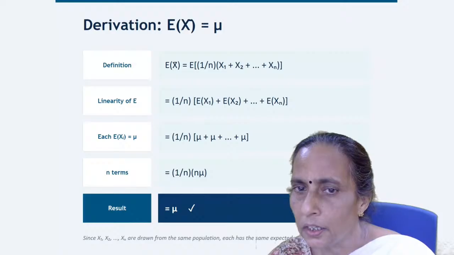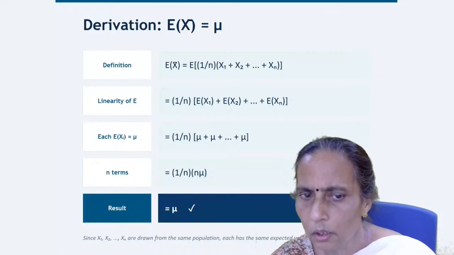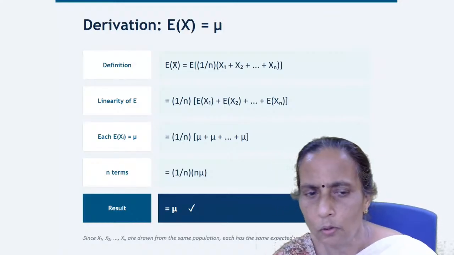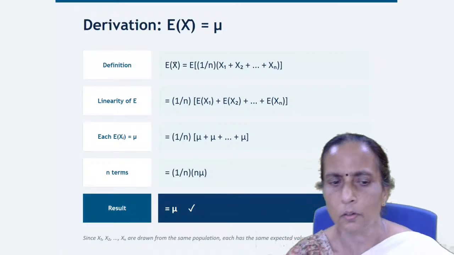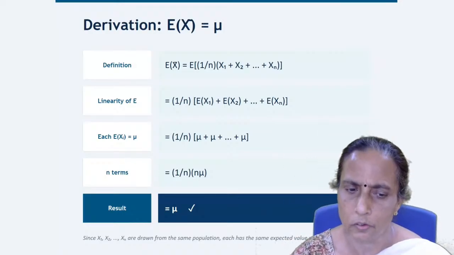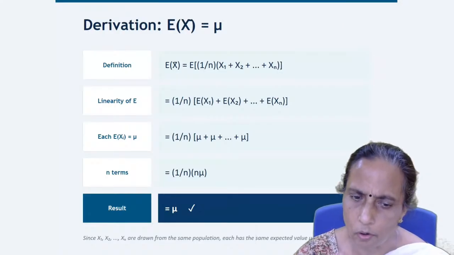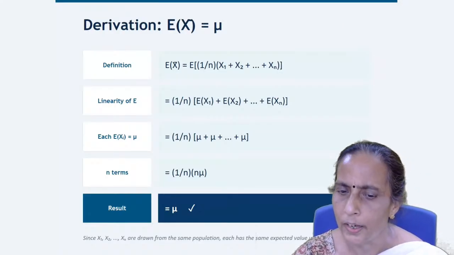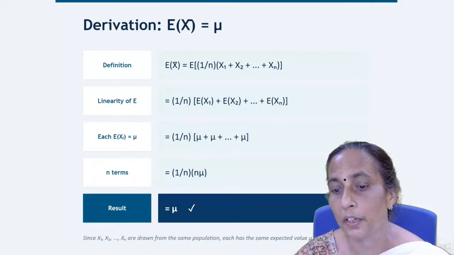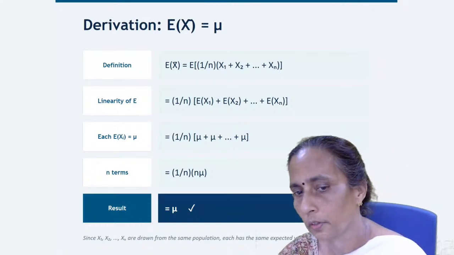Each expectation of xi is equal to mu, so it will be n mu divided by n, which is equal to mu. Since your variables x1, x2 and xn are drawn from the same population, each has the same expected value of mu.